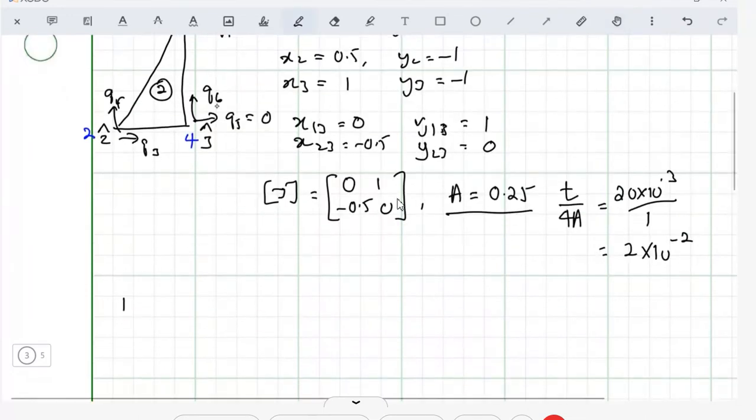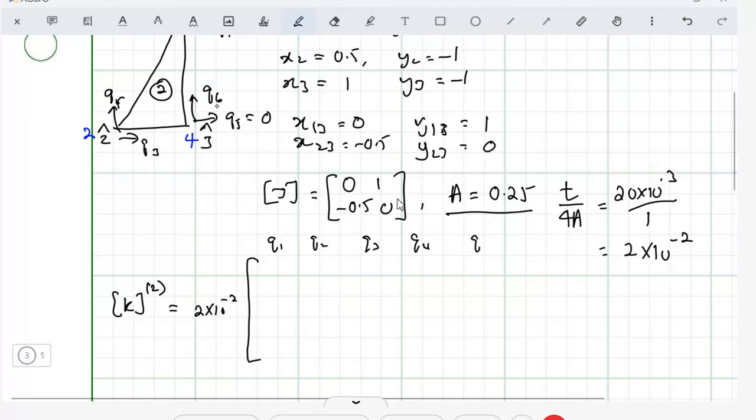So our K2 now is T over 4A, or in this case, 2 times 10 to the minus 2 times Q1, Q2, Q3, Q4, Q5, Q6.